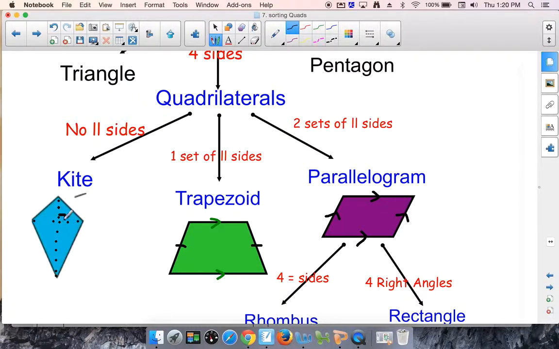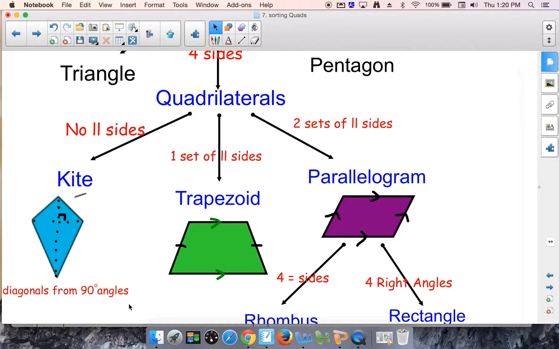If it creates a 90-degree angle, you know that it's a kite. So diagonals form 90 degrees. The other way you know it's a kite is when the top two sides are congruent to each other and the bottom two are congruent to each other. So a kite has only one other name, it's a quadrilateral.